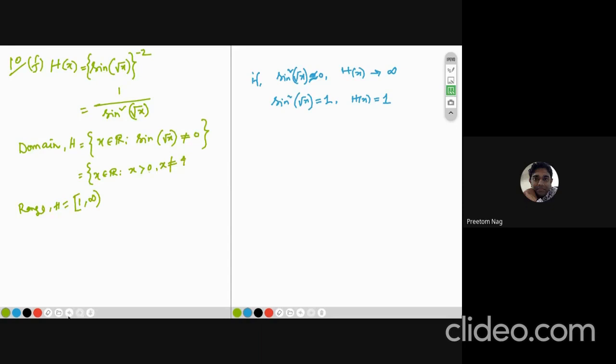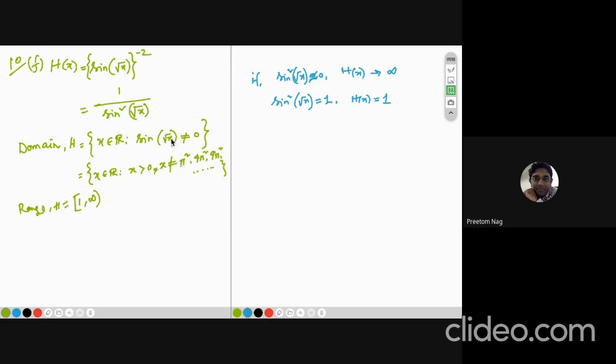Sorry, x cannot be equal to pi square, 4 pi square, 9 pi square, and so on. So x greater than 0, but x cannot be pi square.